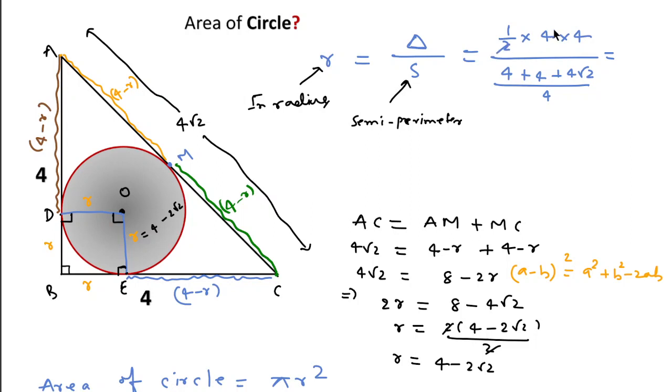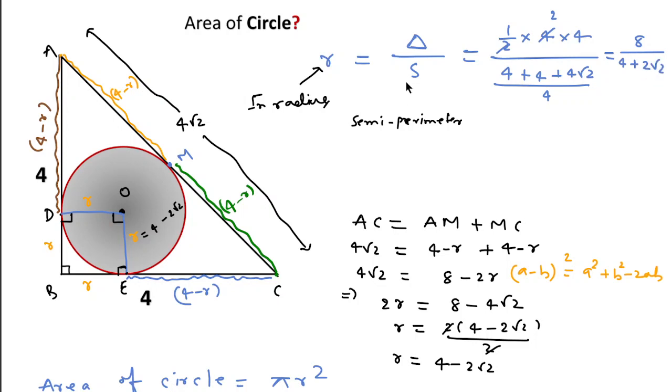We can write this after cancelling as 8, and if we take common, we can write this as 4 plus 2 root 2.